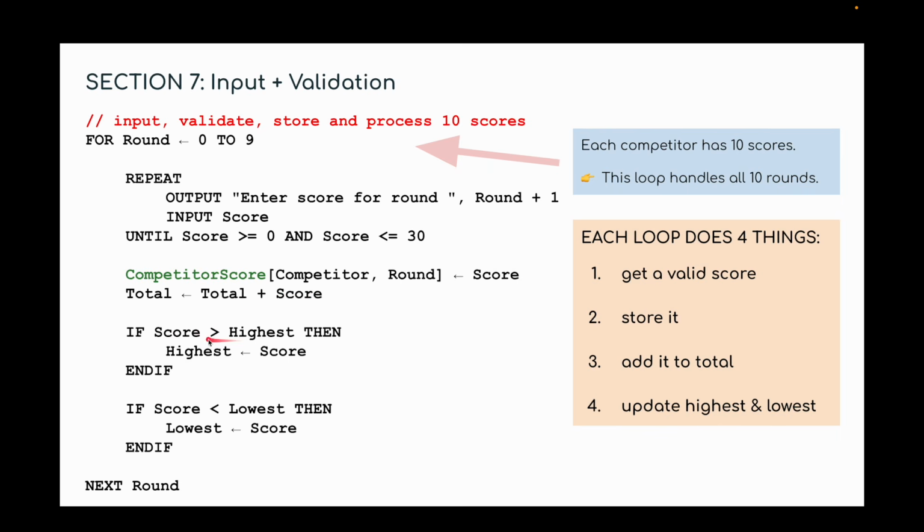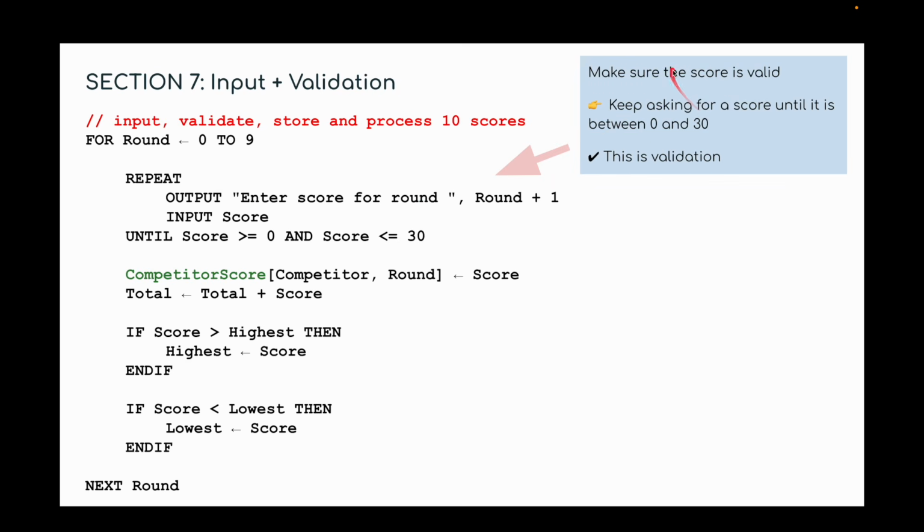If score is greater than the highest, then score is put into the highest. If the score is less than the lowest, then the lowest gets updated with that score value. So it keeps looping round, checking whether we've got a highest or a lowest score. Get a valid score, store it, add it to the total, update the highest and the lowest.